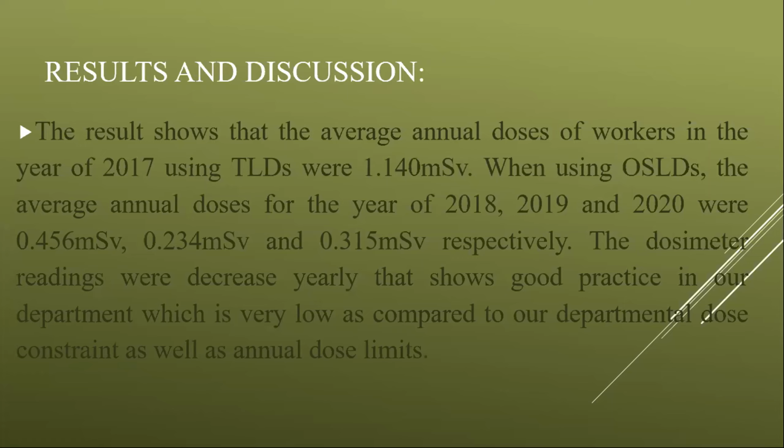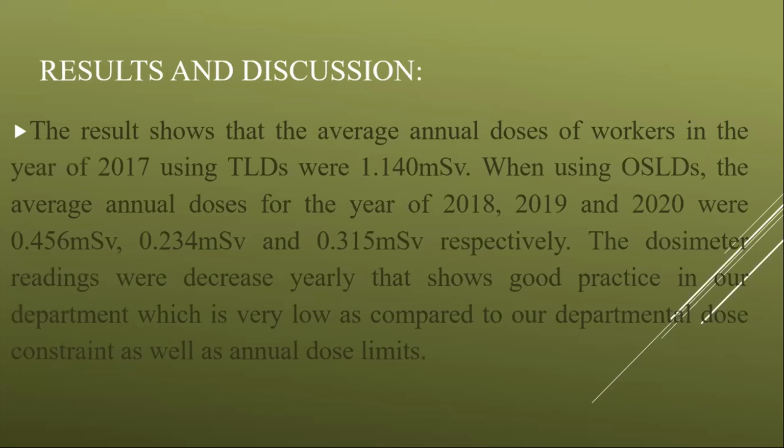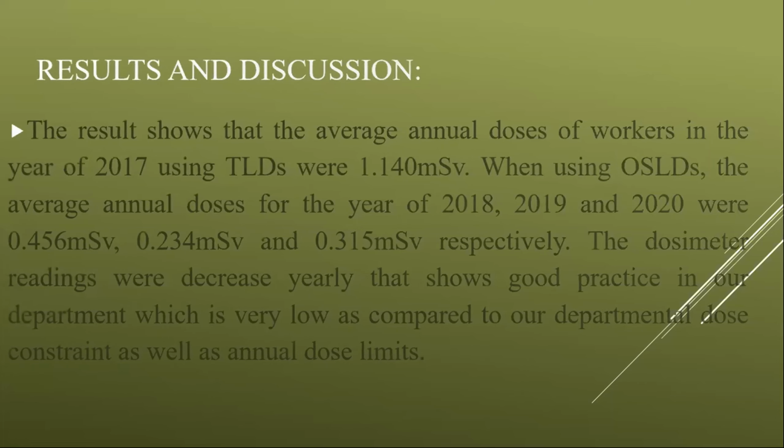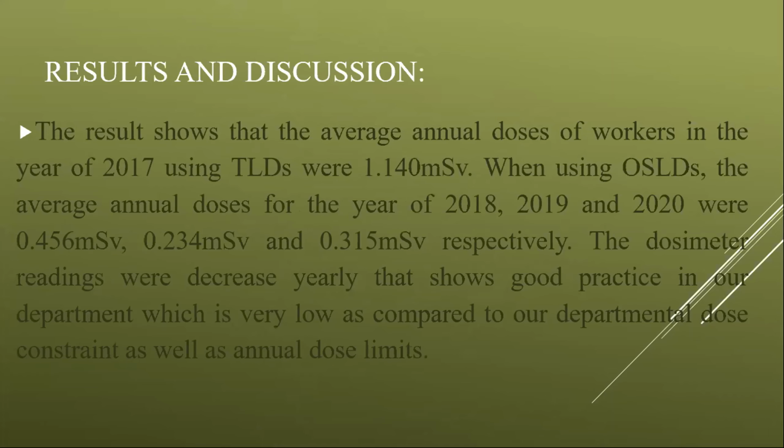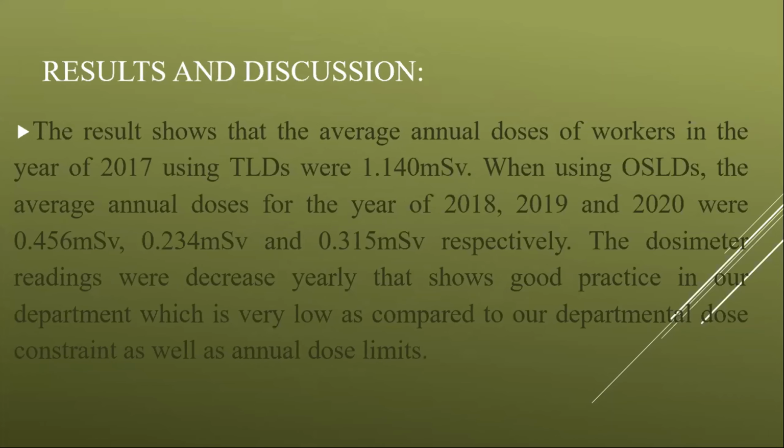The dosimeter readings decreased yearly, as you will see in the table, which also shows good practice with respect to the dose constraint as well as the annual dose limit.